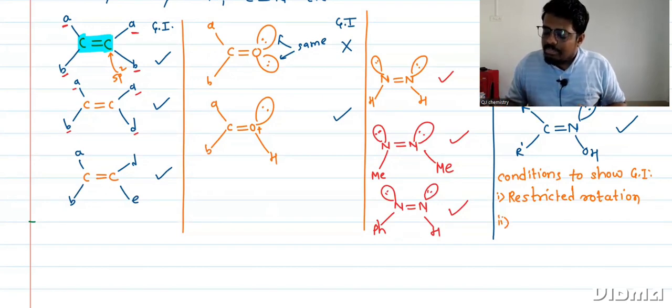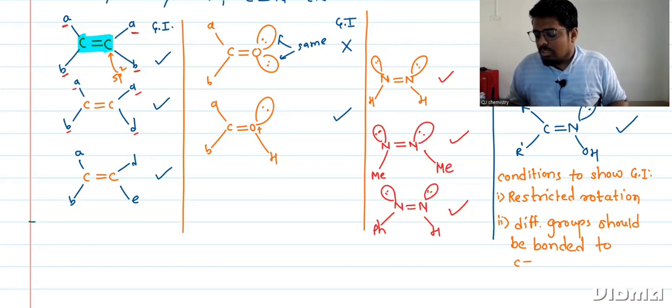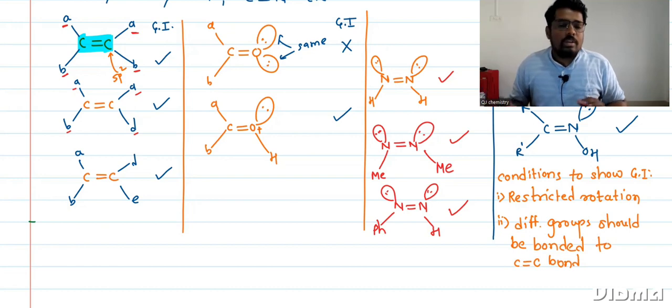Second condition, different groups should be bonded to a carbon-carbon double bond, or carbon-oxygen double bond, carbon-nitrogen double bond, or nitrogen-nitrogen double bond.